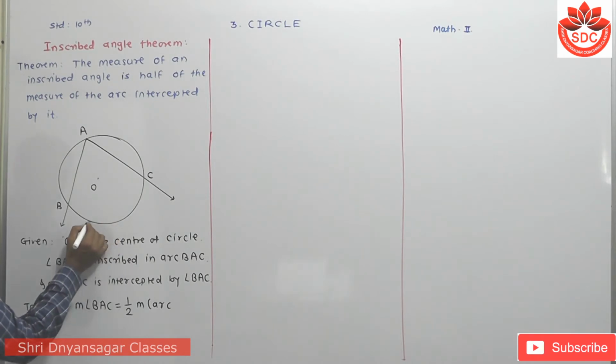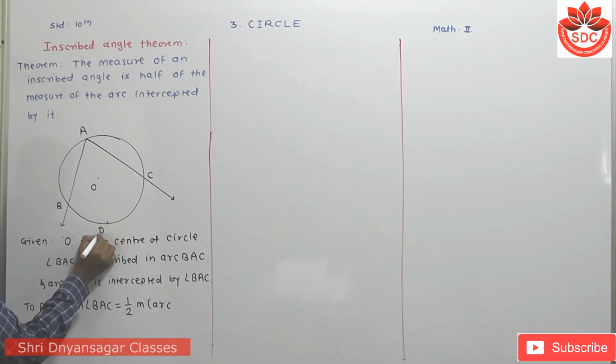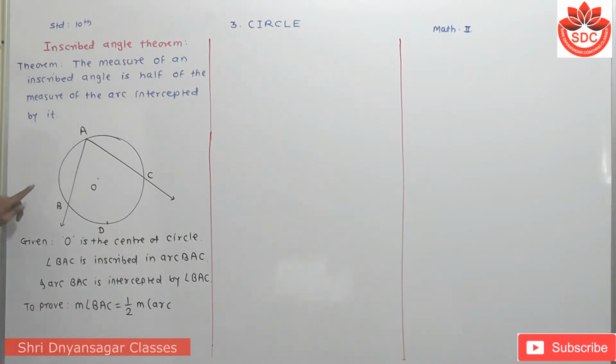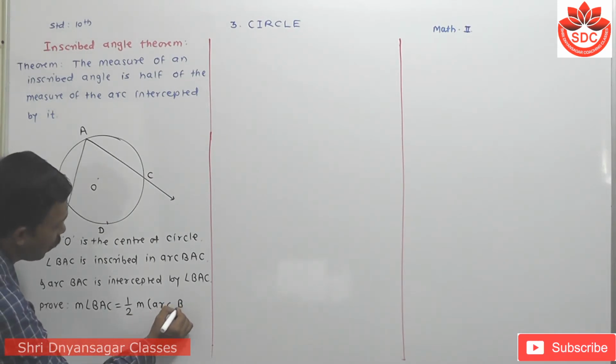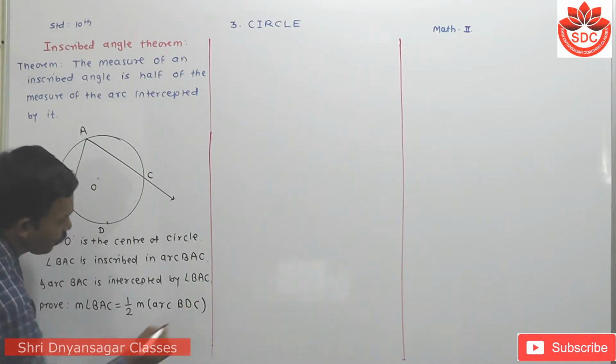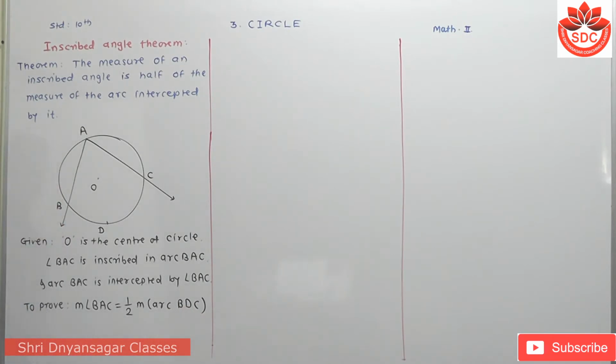Suppose this point here is D. Means this arc BDC is the intersected arc. So I will write half of the measure of arc BDC. Okay. Then I will write its construction here.